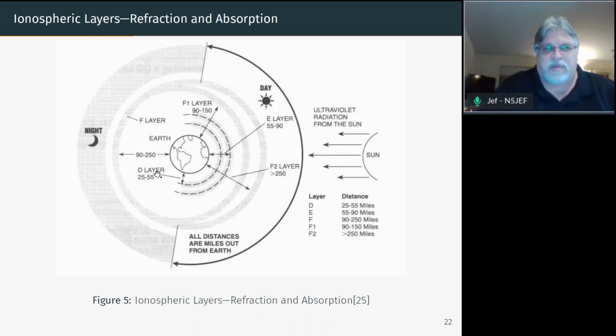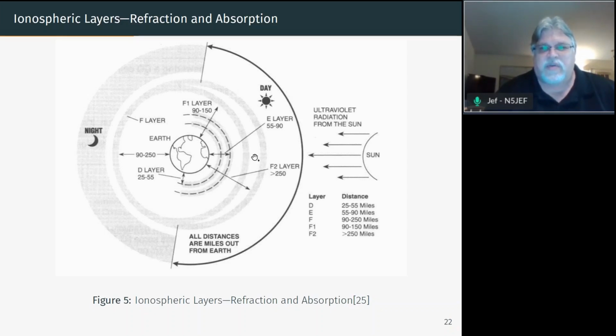So here we have just a little bit of a zoom in on the ionosphere. The key features to note are you have day and night differences with the ionosphere. In the daytime, you have the D layer, which absorbs. It's about 25 to 55 miles up, and at lower energies, such as at the 80-meter wavelength, it absorbs a great deal of the radio strength.